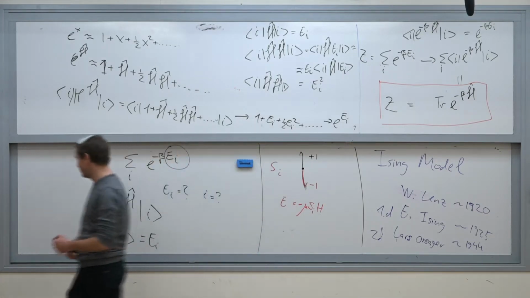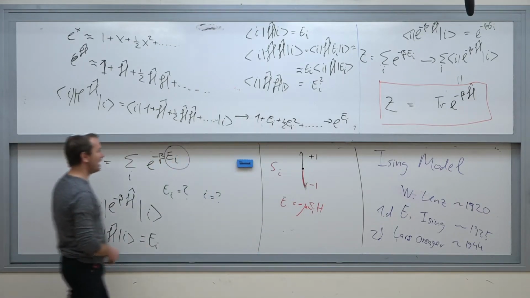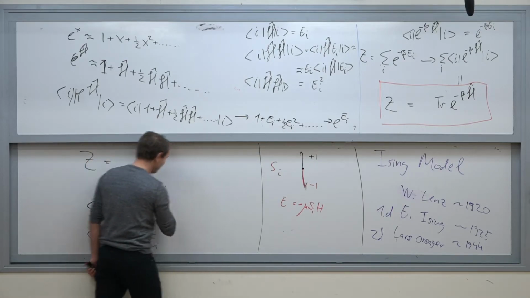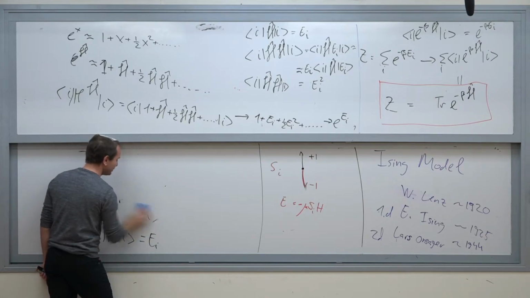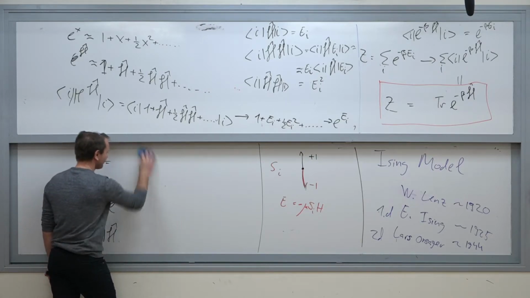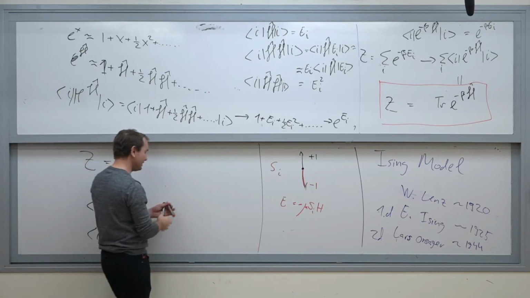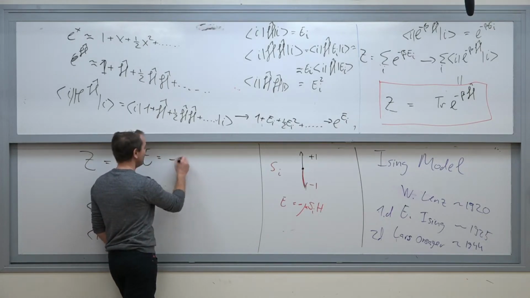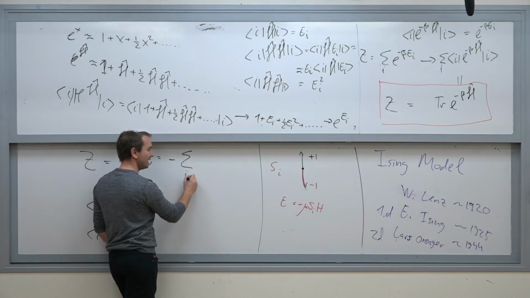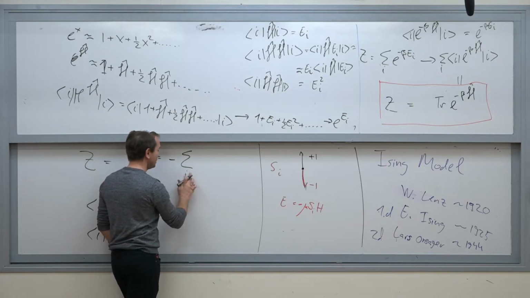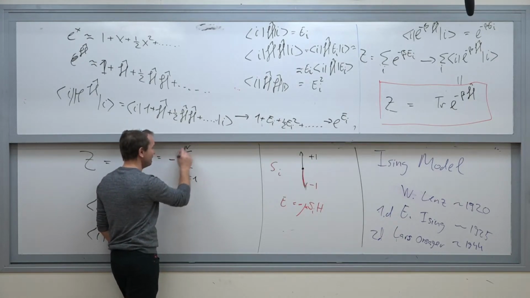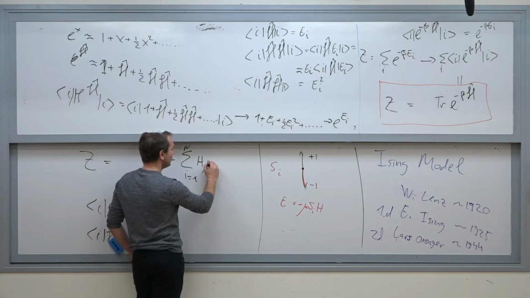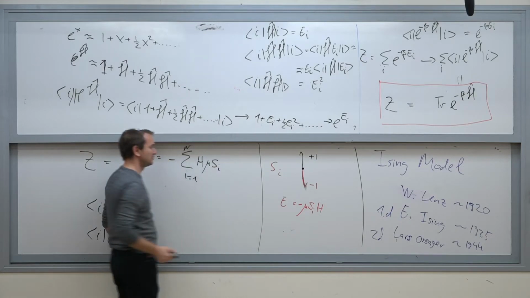Very, very simple. Now, if we had only non-interacting particles that don't care about each other, we will have an energy E = -sum over i from 1 to N, since we have N particles, of H mu S_i.